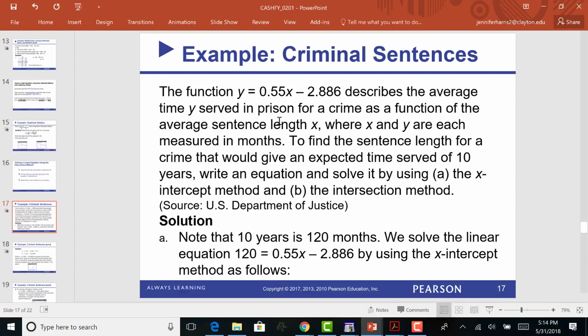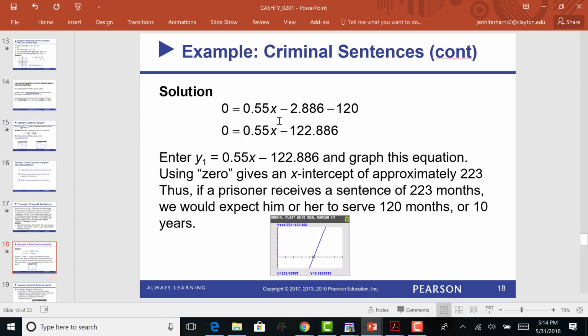So x is equal to, somebody do that on the calculator. What'd you get? 223. Okay. So, did you get 223? Yes. Okay, so once you do it in the calculator, you should get x is equal to 223. And this is 223 what? Months. Alrighty, so what is that?